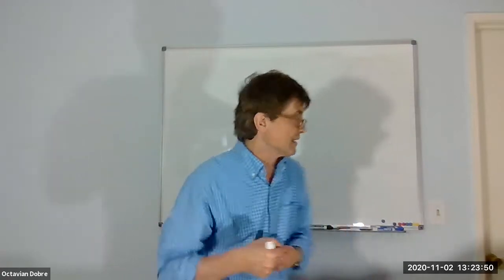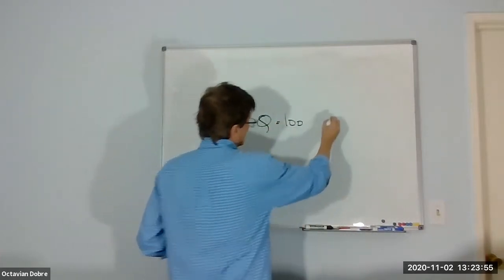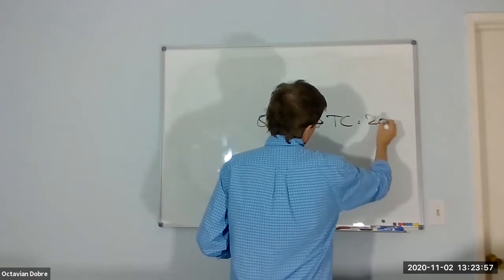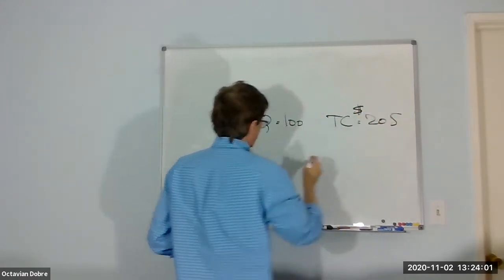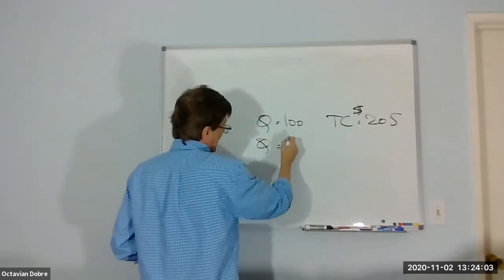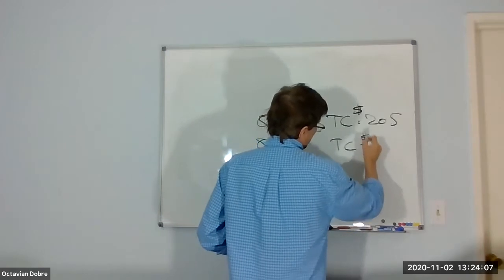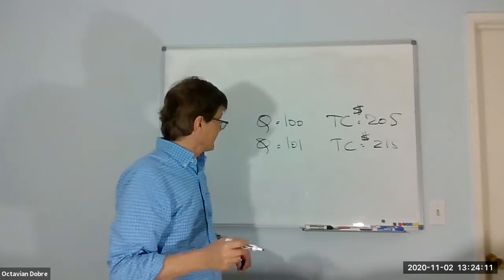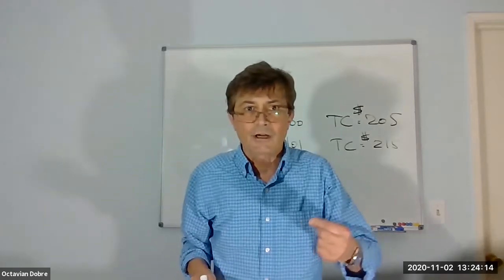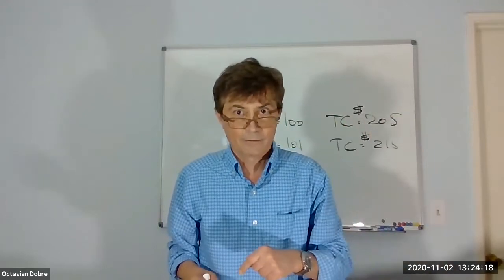Because if, for example, when I produce 100 units, total cost is $205. And when I produce 101 units, total cost is $215. Well, what is the contribution of the 101st unit?